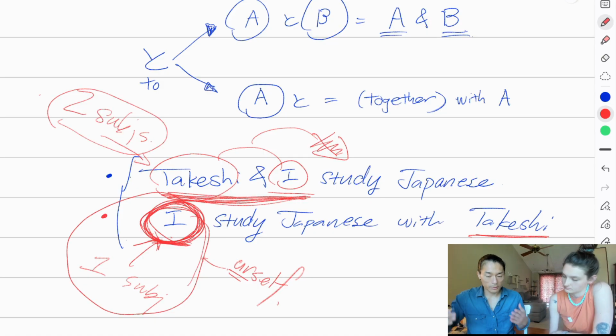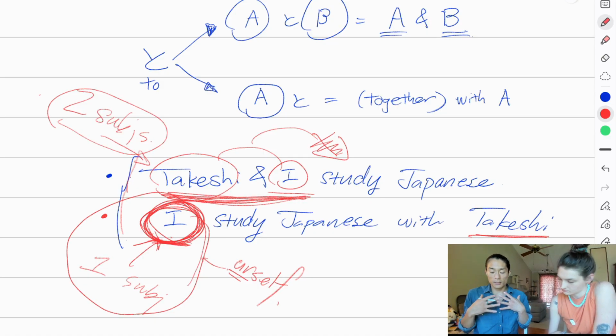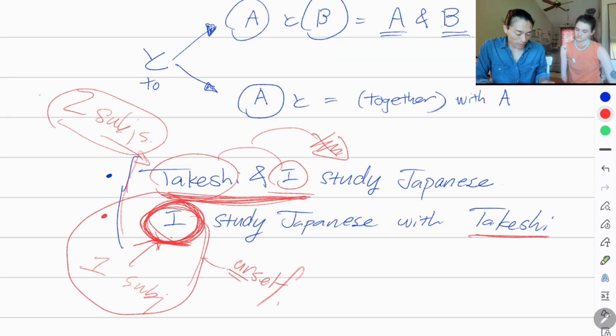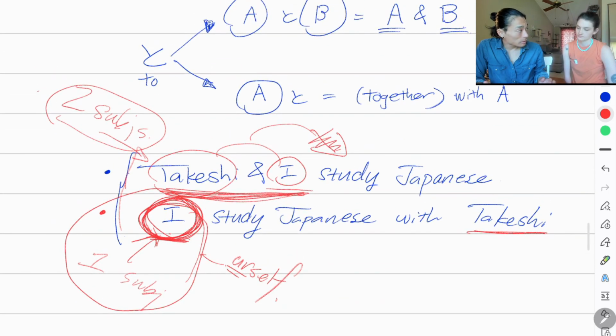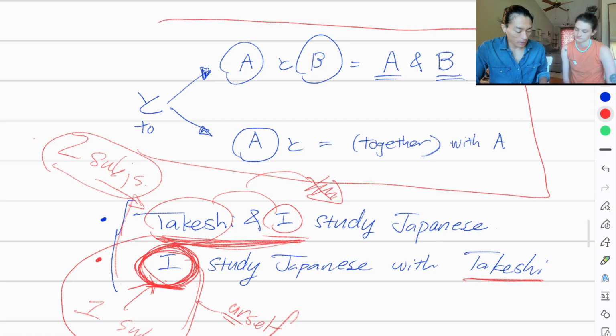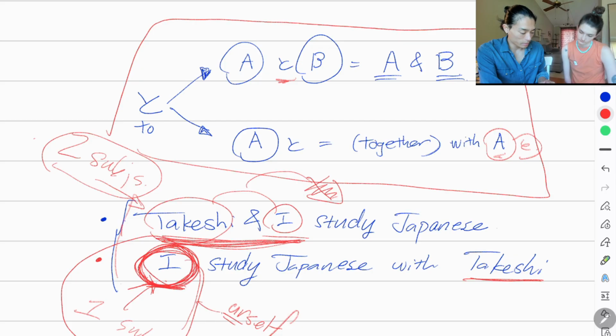Both of us study Japanese, instead of I study with Takeshi, who might be just coming as a supporter or something. So there are some slight differences. Basically, if you remember this, then you're good. Just A and B, two nouns, "to," together with A. Whoever it is, just put "to."